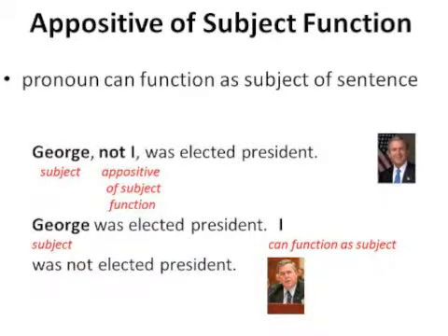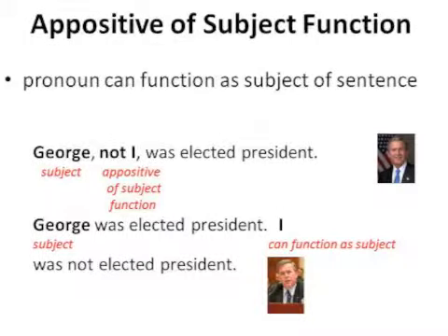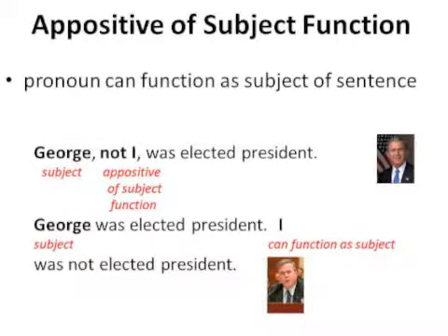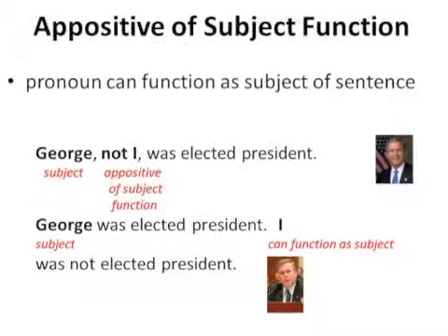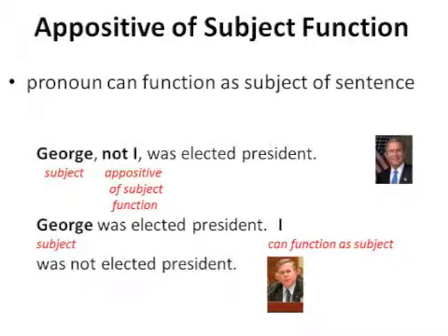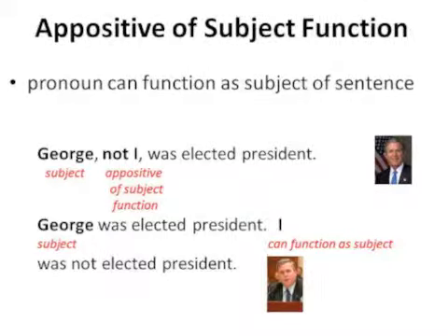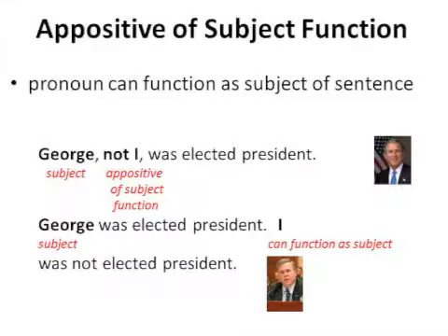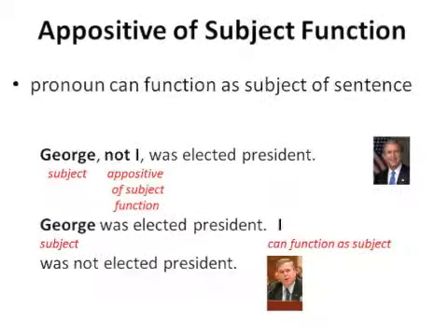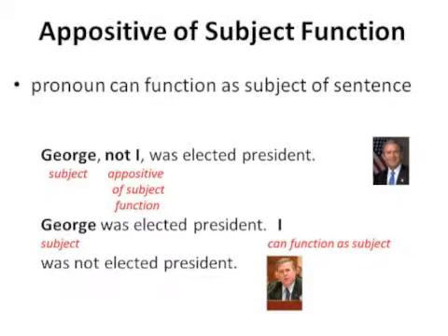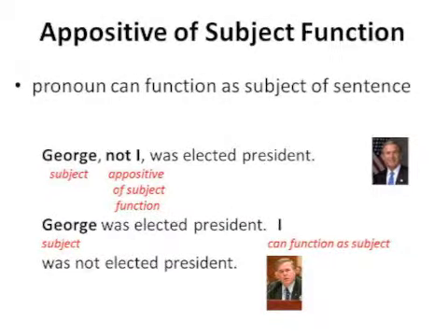When we talk about function in a sentence, we're talking about, is the word a subject, a direct object, a predicate pronoun? If it can function as the subject, you want a subject pronoun. Look at the second sentence.